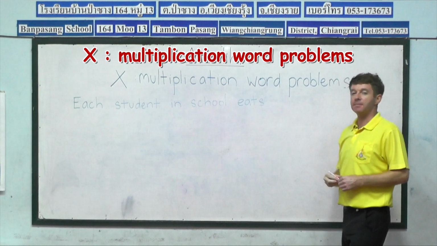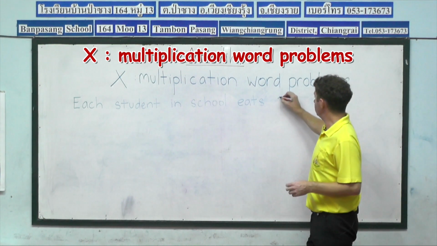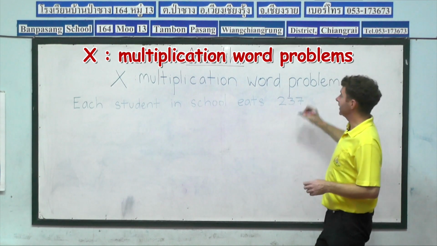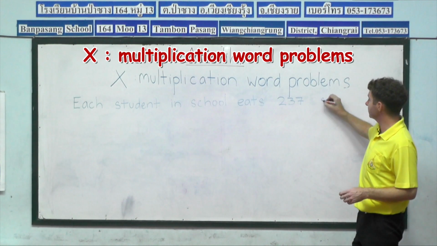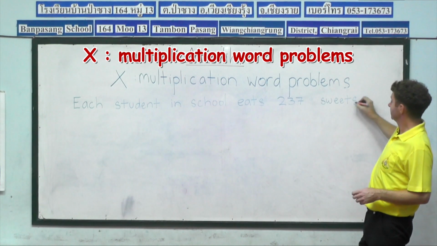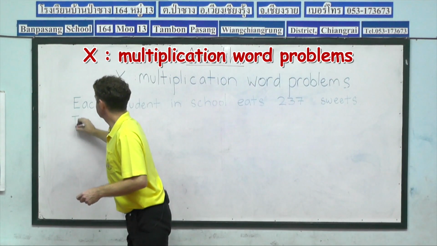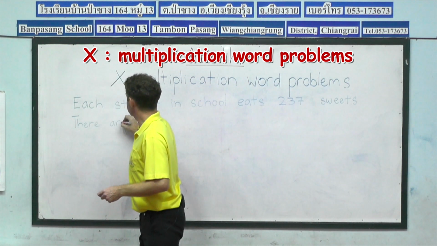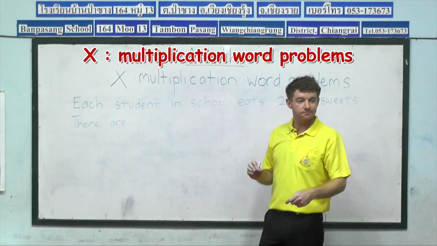E-A-T-S. Let me see. Can I have 3 digits? 2, 3, 7. Each student in school eats 237 sweets. There are, can I have 3 more digits, guys? 1, 2, 9.